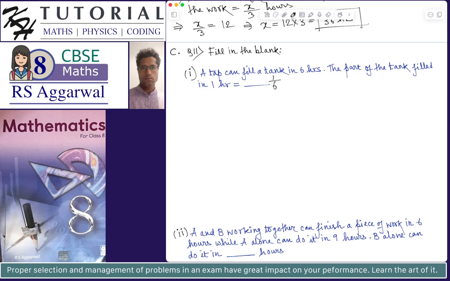This is a straightforward question based on the first principle, that is, if a work, that work could be a piece of work done by some person, or it can be filling a tank by an inlet, or even it could be emptying a filled tank by an outlet. So if we know that a whole work is done in some n units of time, then the work done per unit time is 1 by n. So the answer, the part of the tank filled in 1 hour will be 1 by 6.